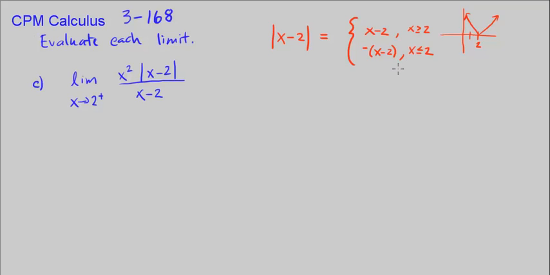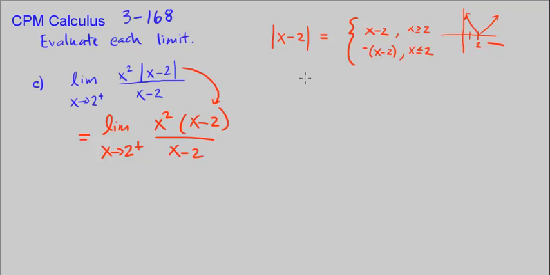All right? Okay, so given that, we know that here we're looking at the right side of 2. So when we're looking at the right side of 2, the absolute value is going to look like this, right? So I can go ahead and simplify this and say this is equal to the limit as x approaches 2 from the right of x squared times x minus 2, right, over x minus 2.